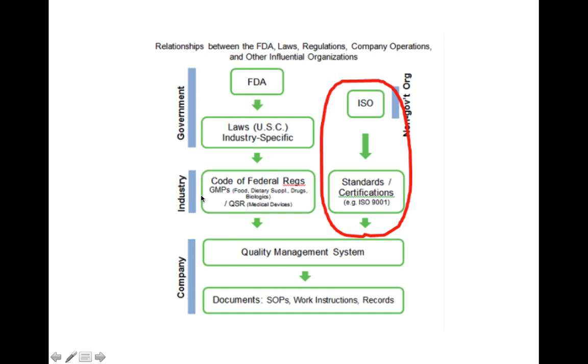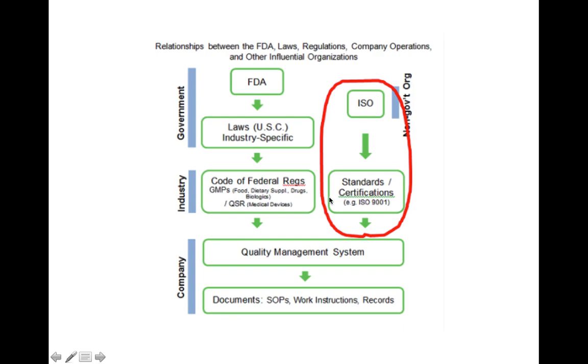So we have the FDA over here with the USC, so US codes, and then we have CFR. This is all governmental. The government's handling this. Even though the FDA is independent, it's still federal. On this side, we have ISO. ISO has no government ties. They have their own set of standards. They are as good, if not more strict, than the FDA at some points.